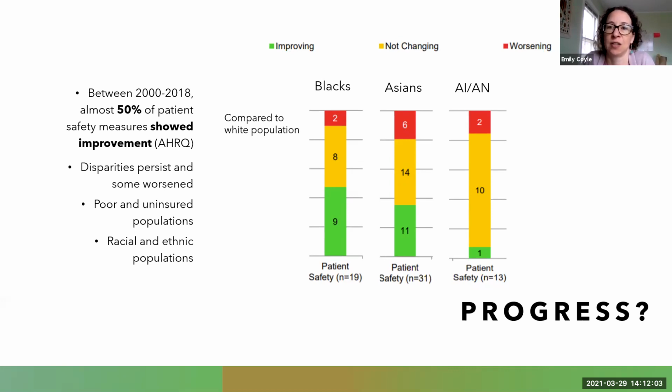These data on racial and ethnic populations show the number of patient safety measures for which different racial and ethnic populations experienced better, same, or worse quality of care compared with the reference group, which is the white population. And that's based on the most recent data year, whether it's 2014, 2016, 2017, or 2018, depending on the population.